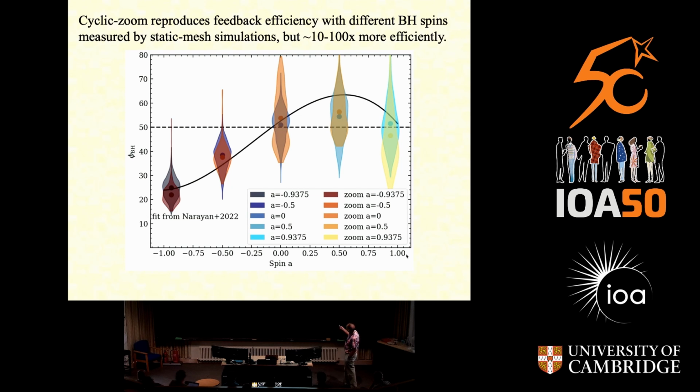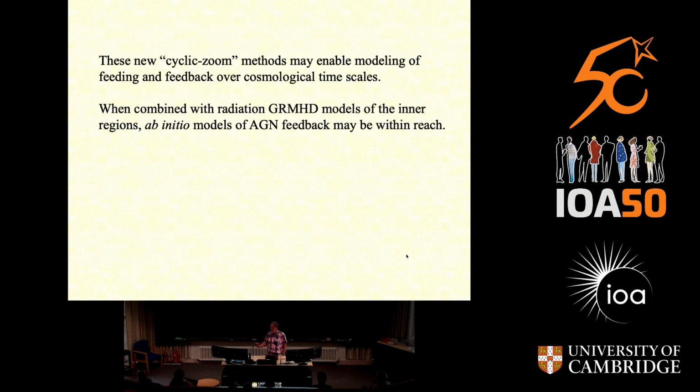These points are taken from both our own calculations to reproduce the Narayan et al. results and these zoom calculations. And you can reproduce the feedback power as a function of spin correctly using these zoom approaches, which gives you confidence you're getting the feedback energy correct, even though you're running these calculations 10 to 100 times more efficiently. And so I think that's going to be enabling for doing this feedback modeling on cosmological timescales.